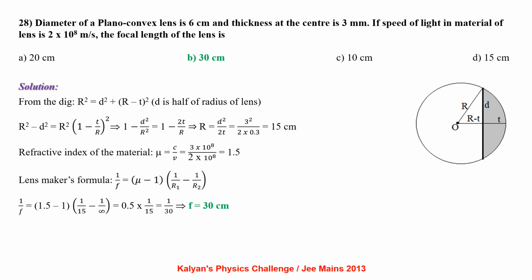Refractive index of the material mu equals c by v, that is 3 into 10 power 8 by 2 into 10 power 8, that is 1.5. Applying lens maker's formula, 1 by f equals mu minus 1 of 1 by R1 minus 1 by R2, from where 1 by f equals 1.5 minus 1 of 1 by 15 minus 1 by infinity, from where we have F equals 30 centimeter.